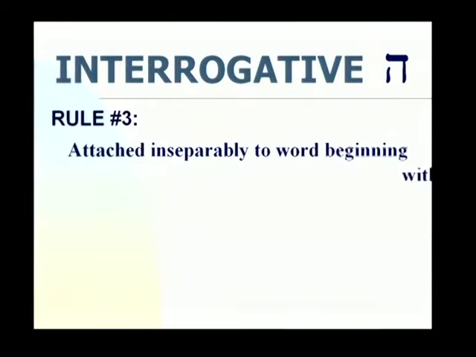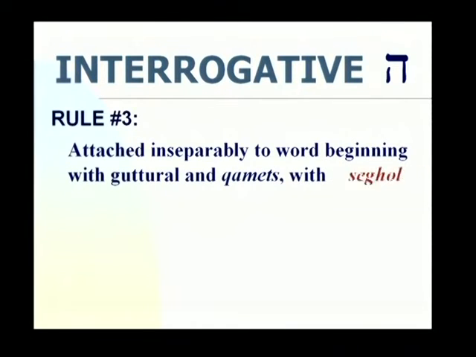Rule number 3: the interrogative hey will be attached inseparably to a word beginning with a guttural, and it will have a segol if that guttural has a qamets under it. We saw that before when it was an unaccented qamets. In this case, it doesn't matter if it's accented or unaccented. So it becomes hechata. Everyone? Hechata. Did he sin?